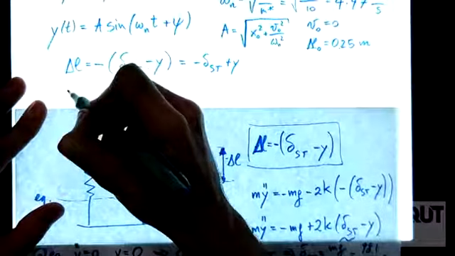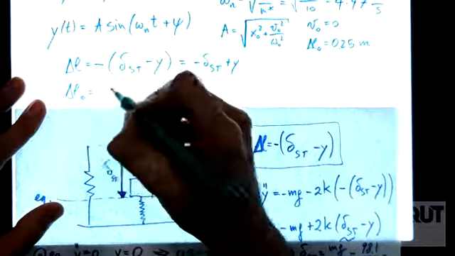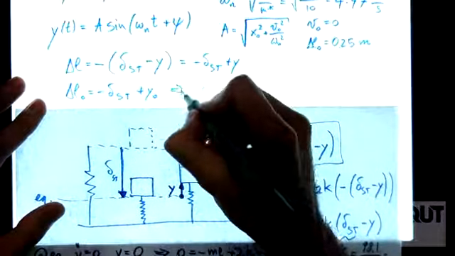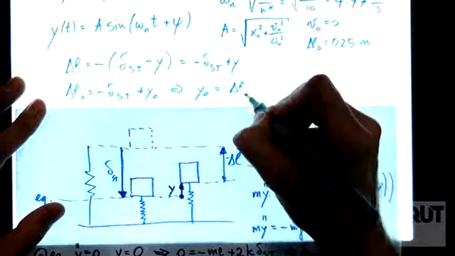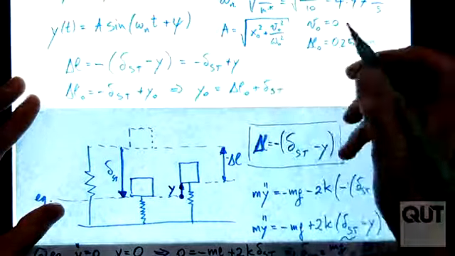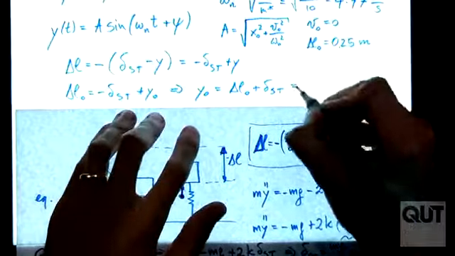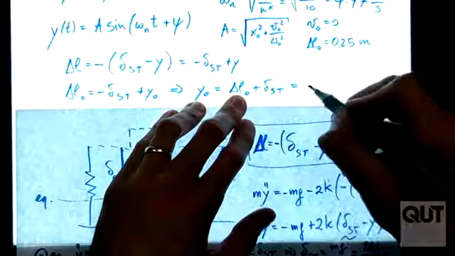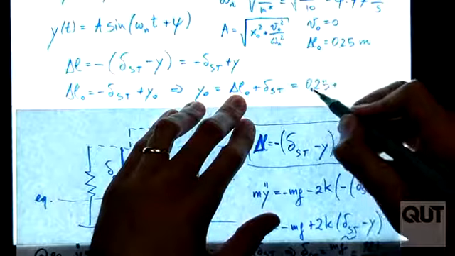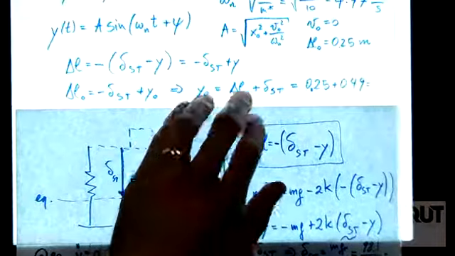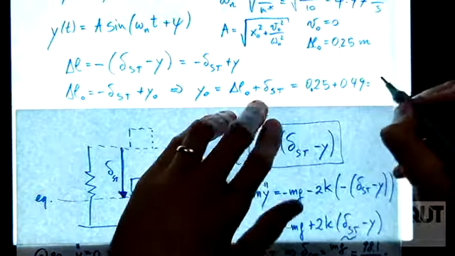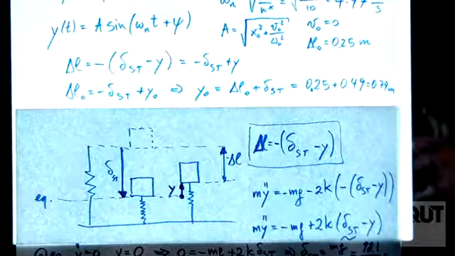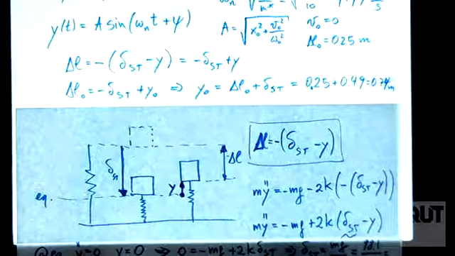Okay, so delta L0 must be equal to minus delta static plus y0, which means that y0 is equal to delta L0 plus delta static. Okay, so in this case, delta static was 0.49, delta L0 0.25, so 0.25 plus 0.49, which is equal to 0.74 meters. Okay?